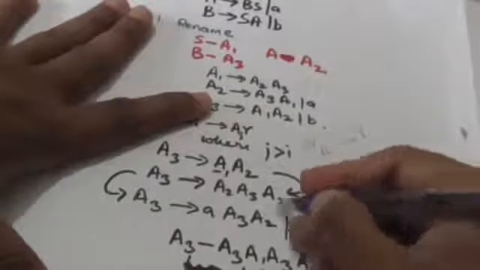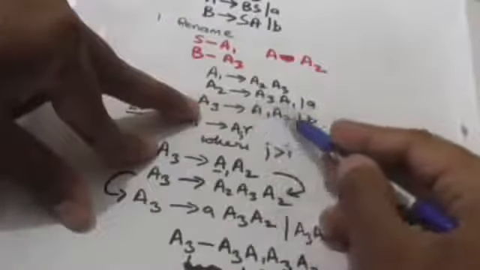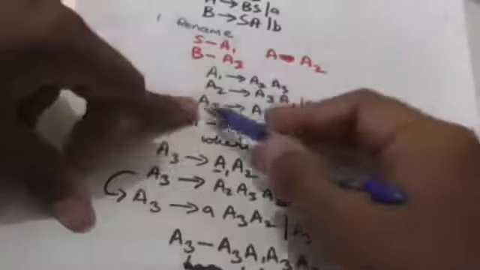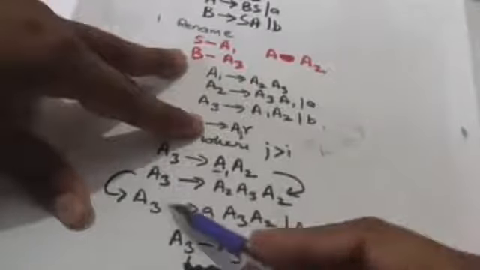Now we have replaced this production A3 derives A1, A2 by these productions in grammar G. It means this production A3 derives A1, A2 has been removed from grammar G. In place of that we have these two productions: A3 derives A3, A2, and A3 derives A3, A1, A3, A2.